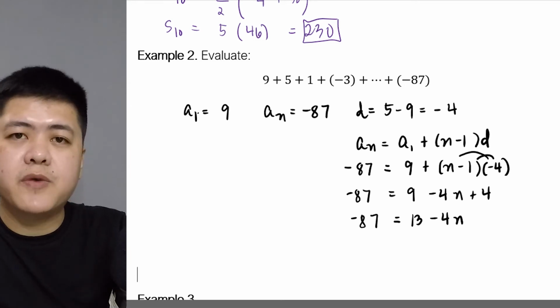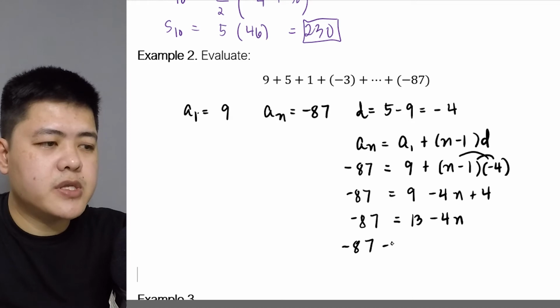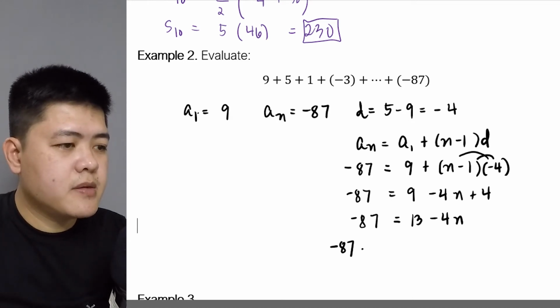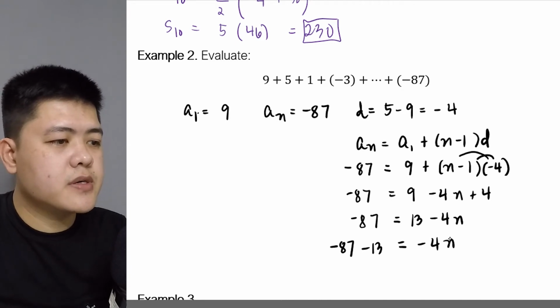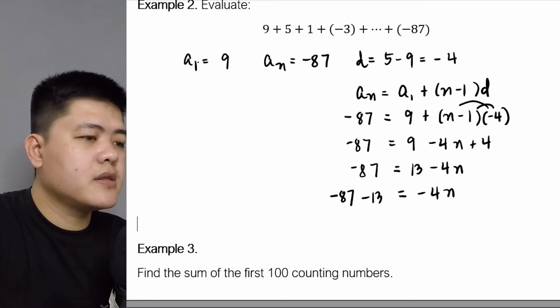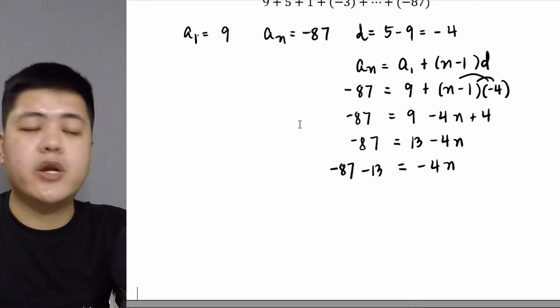And then we put 13 to the other side. We'll have minus 87 minus 13. Sorry, ayusin natin. We'll get minus 87 minus 13 equals minus 4n. So, minus 87 minus 13. So, we'll get, what's that? 100? Is it 100?